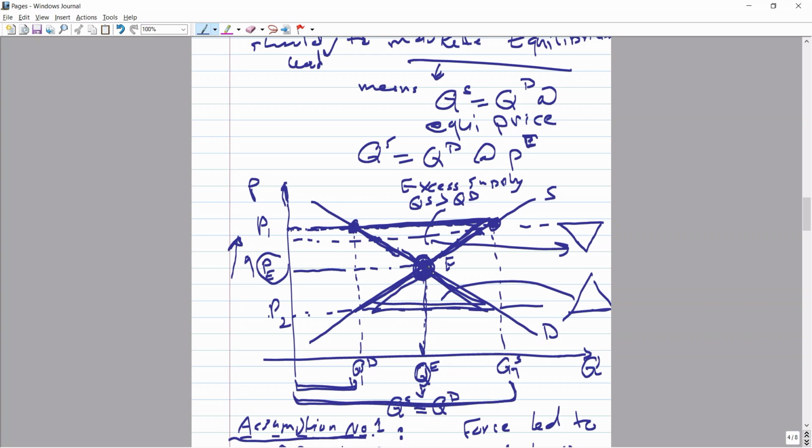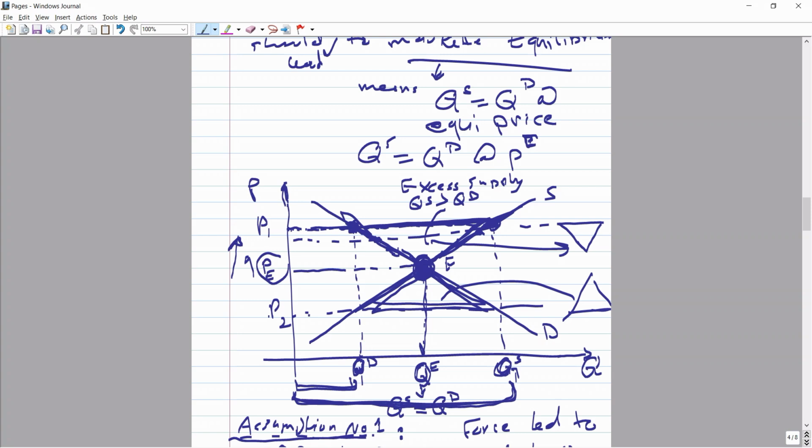So when we are above the equilibrium point, the initial equilibrium, at price 1, you will find that quantity demanded will be at this level, but quantity supplied will be at this level. And as you see, quantity supplied is greater than quantity demanded.